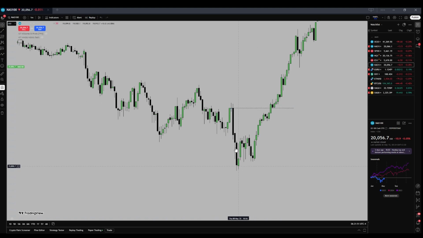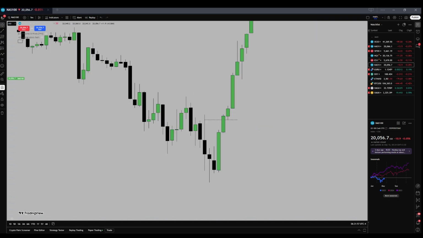Now let's go into 5 minutes and look at the same piece of price action. Now, when we are under 5 minutes, look at where my line is. At 5 minutes, my order block could be here, or some people like to use here. Let's go to 15 minutes.